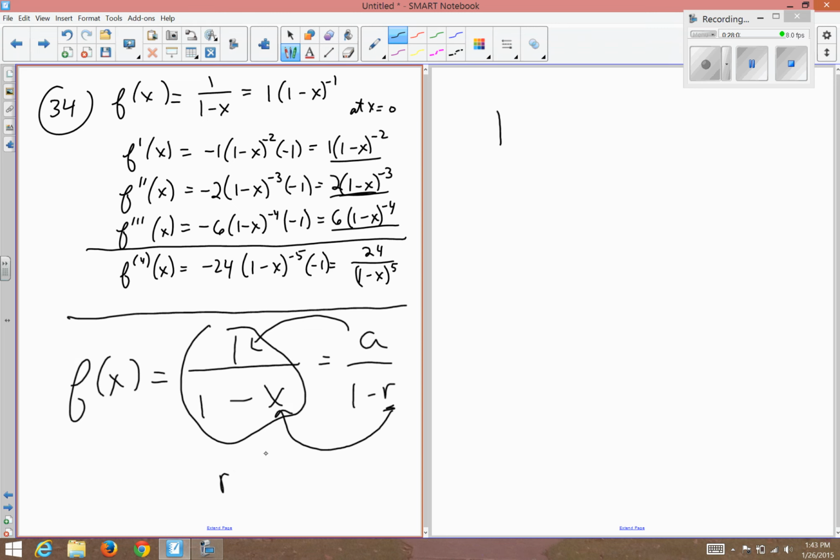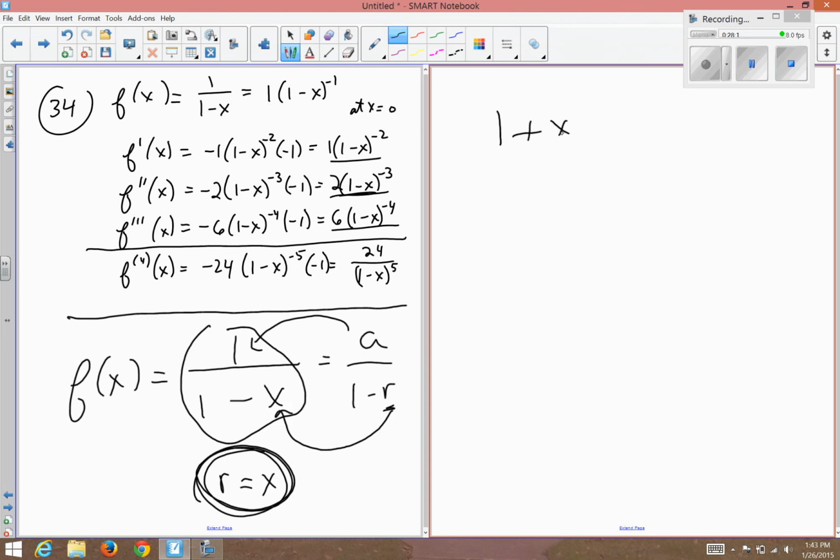So in this case, since r is x, that means that's what I multiply to the first term to get the next term. 1 times x is x. If I multiply the term I just wrote by r, the common ratio, I get the next term. So there's a quick way to get the series in this case.